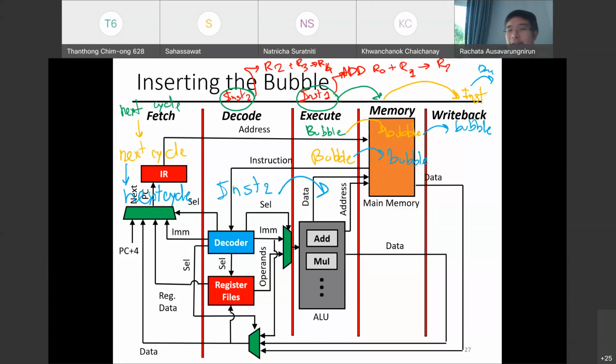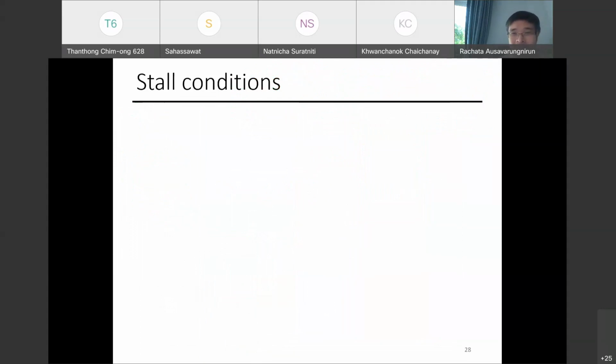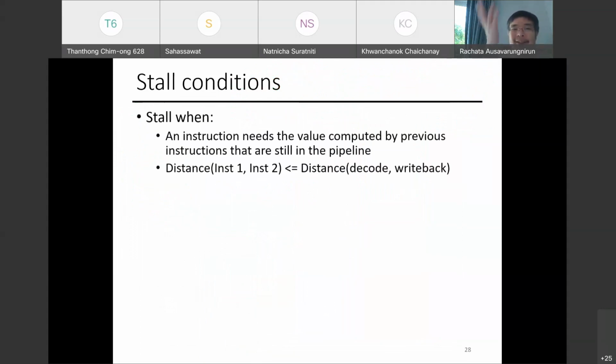And here is how I can tell when to stall. It's called the stall condition. You stall when the instruction that you're running needs a value produced by previous instructions that are still in the pipeline. Emphasis on still in the pipeline. If the instruction is still in the pipeline, you have to stall. And the distance determines how long you have to stall.